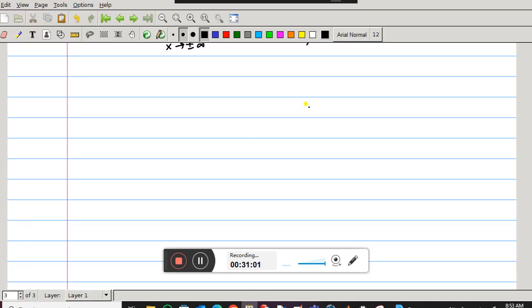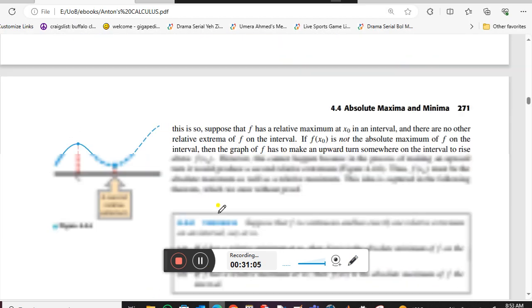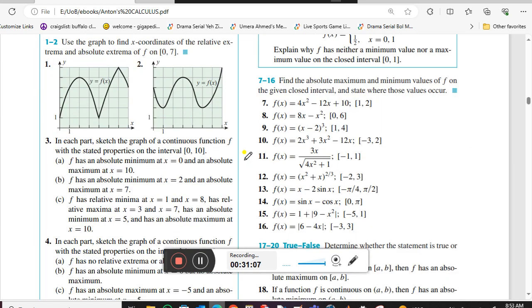Same is the case with open intervals. Anyway, let me do this example first. Or I can go to an exercise instead of that. These are the closed intervals. So closed intervals are easy, right? We just find the critical points.